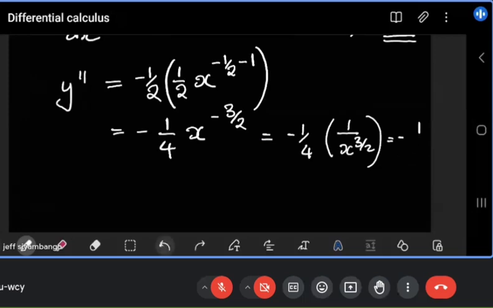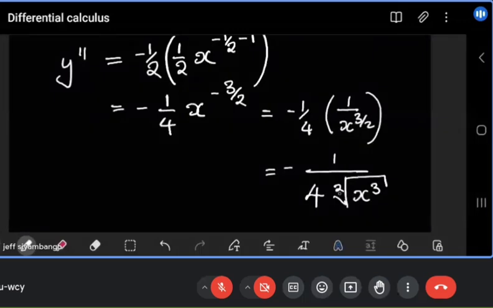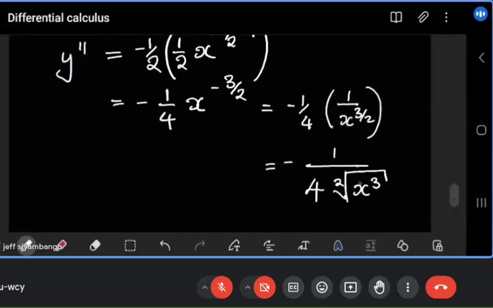This is not looking too good. So I wanted to write it as 1 over, we have 4 here, then we have the root. Now you know how it goes. The 2 comes here, and then x raised to the power 3, like this. So of course, this being a 2, we can even skip it out, it's still fine. So this becomes the expression.